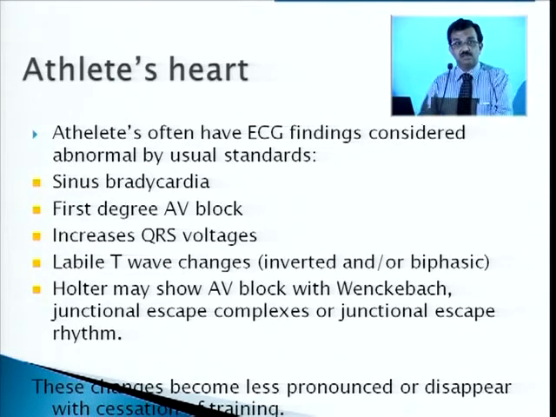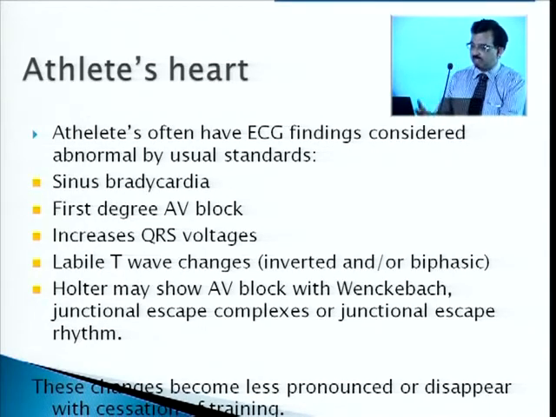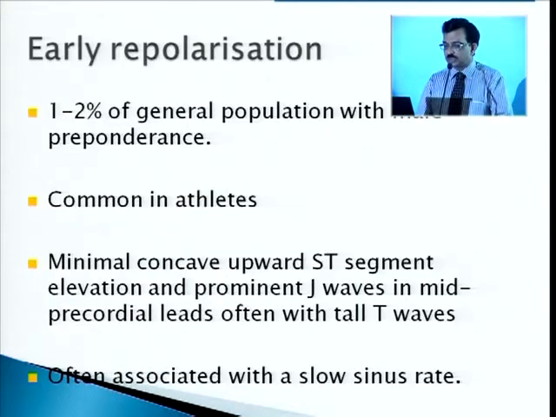Sometimes they even get second degree AV block, Wenckebach block has been reported, and junctional escape rhythms have been reported. These are all because of increased vagal tone, and of course these changes become less pronounced as their athletic training comes down. The other important point is early repolarization. This is also a normal variation.